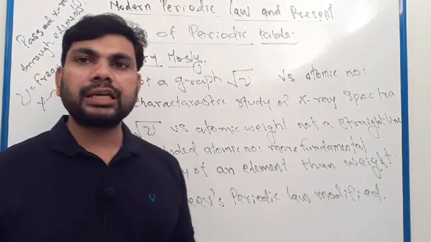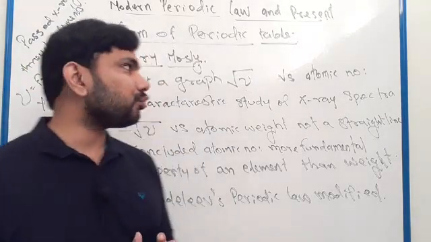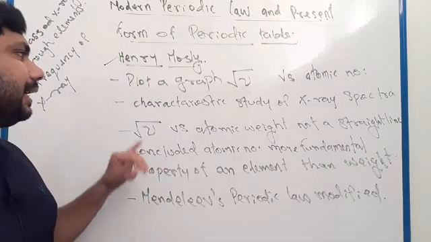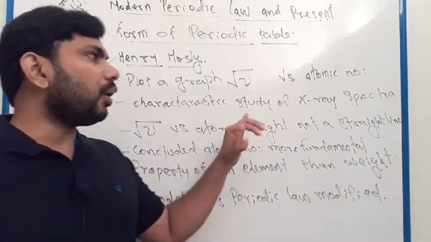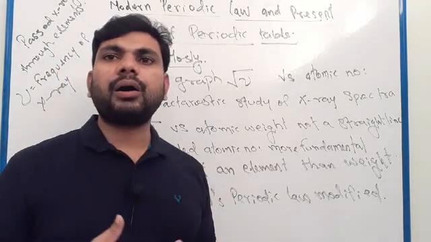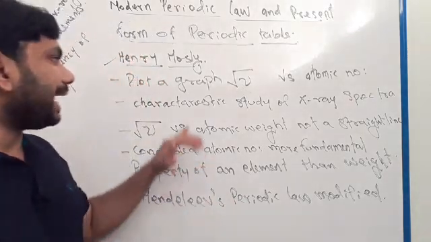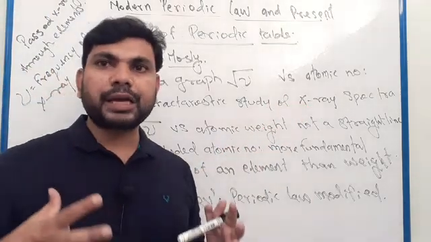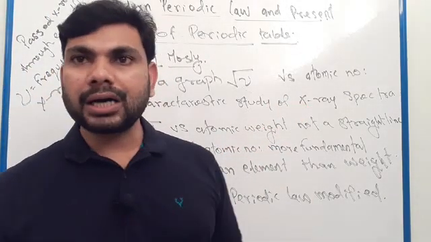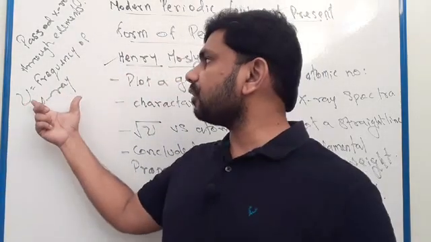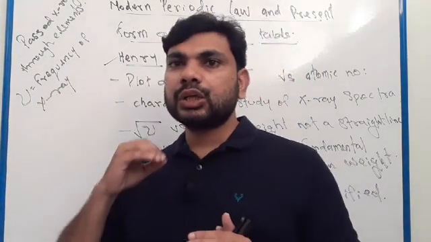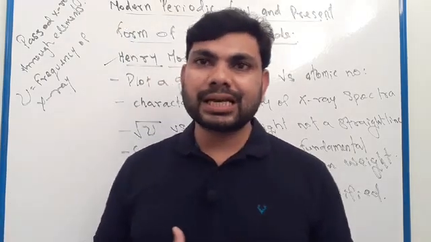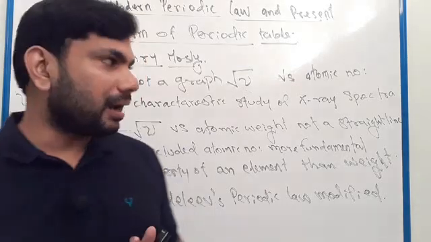He did an experiment, a characteristic study of the X-ray spectra of elements. He passed X-rays of a known frequency through different elements, got some data, and plotted a graph.